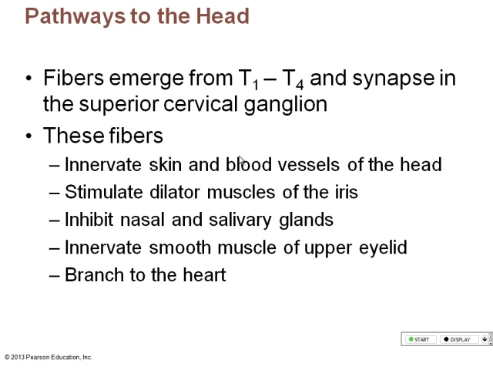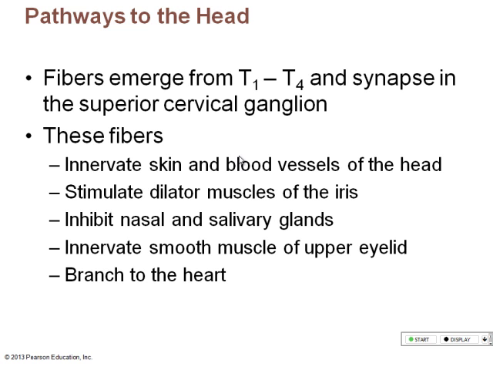Pathways to the head. Fibers emerge from the thoracic region T1 through T4 and synapse in the superior cervical ganglion. These fibers are going to innervate some of the skin and blood vessels of the head, and this is what causes you sometimes to get really red-faced when you're either embarrassed or you're angry.